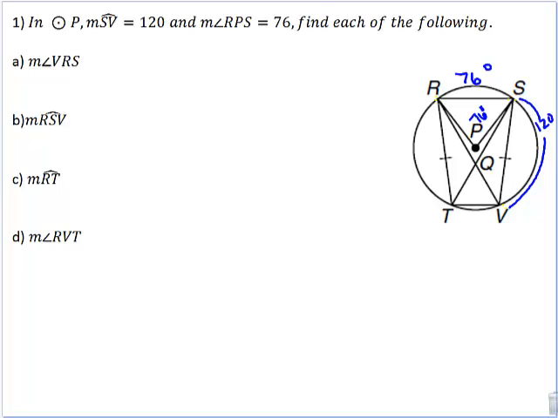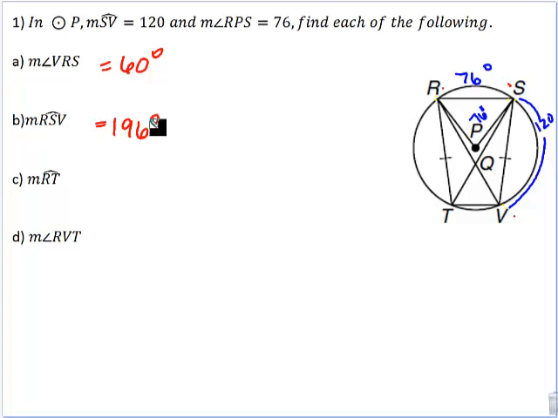So then what would be the measurement of that angle? 60 degrees. It'd be half of it. Okay, next one asks for arc RSV. So RSV, yeah, we would take 76, and then we'd have to add it on to 120. So 196 degrees.